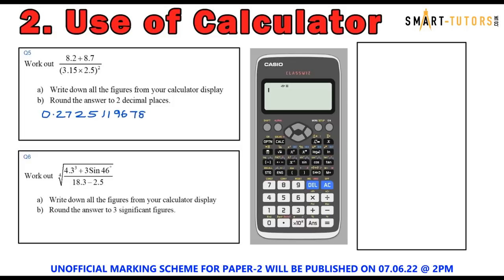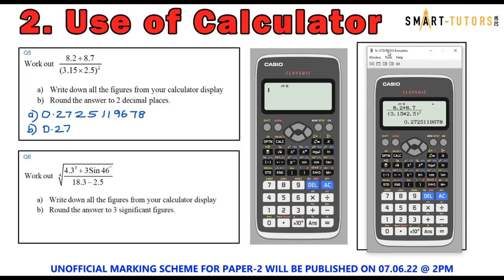So that is the calculator display for part A. In part B, they ask you to round the answer to 2 decimal places. For 2 decimal places, the third one is the decider, less than 5, so it's not going to give anything: 0.27. So use your scientific calculator and check whether you are getting the same answer as us.